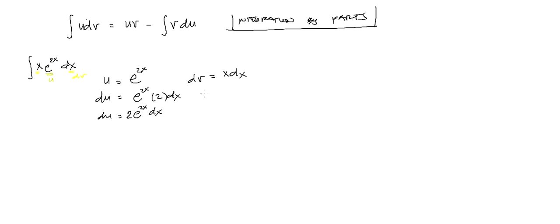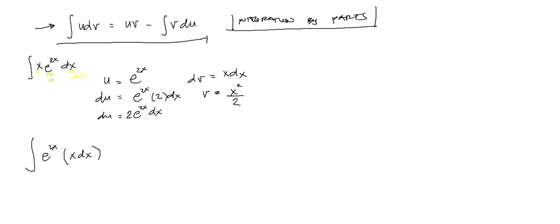After this, we will proceed to our main formula, which is u dv. uv is equal to u, which is e^(2x), times our v, x squared all over 2, or 1/2 x squared.